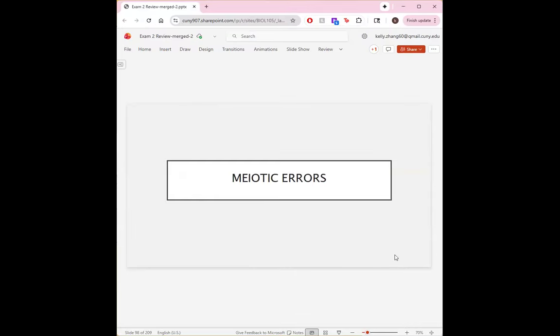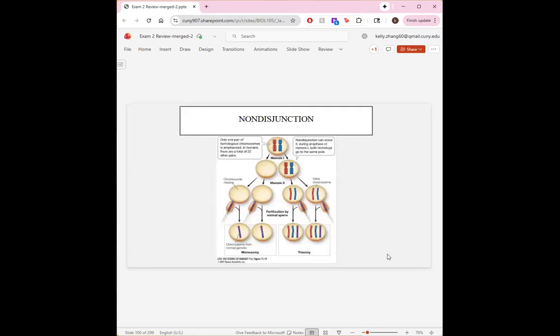Okay. And meiotic errors. So there's non-disjunction, which is when homologous pairs in anaphase 1 or sister chromatids in anaphase 2 fail to separate. So remember, we have the spindles that are attached to the chromosomes. If there's any error in the attachment or the separation, this can cause non-disjunction.